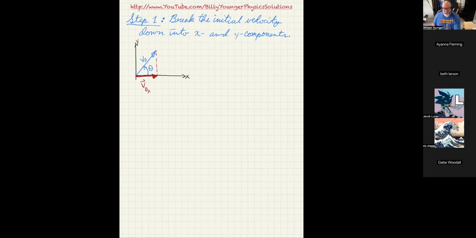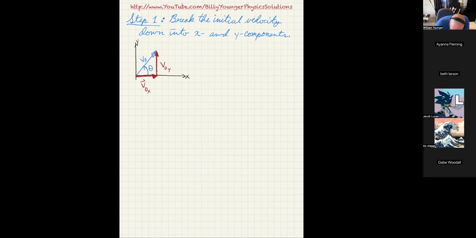With the vector symbol over it, it would be the magnitude and the units, meters per second, and it would have an i hat next to it. Otherwise, it'd just be the magnitude times meters per second. Now, it is pointing in the positive direction, so that's why I chose to draw it red. Similarly, the y component is also drawn as red because it too is in the positive direction.